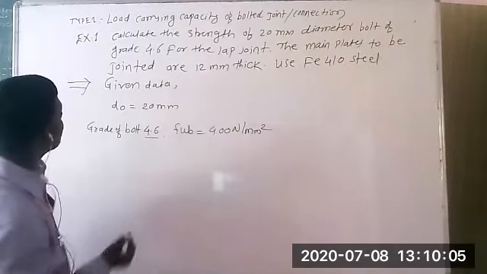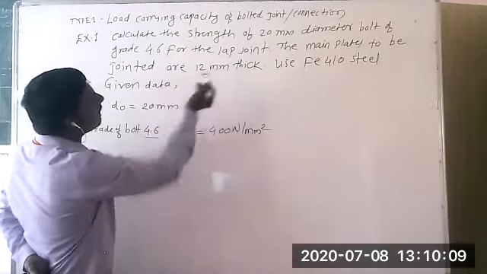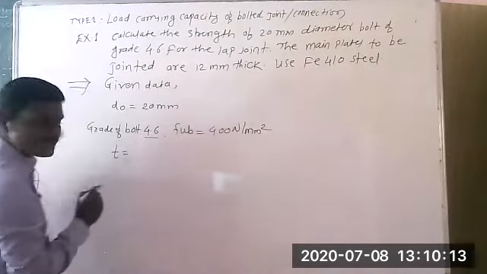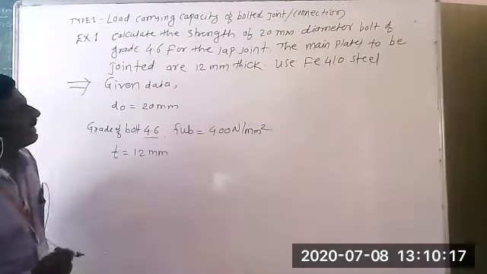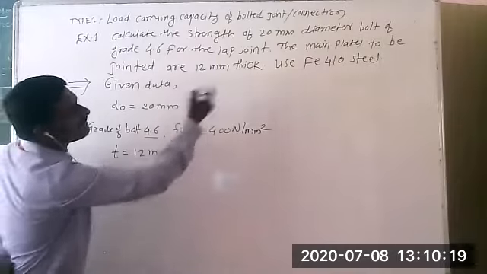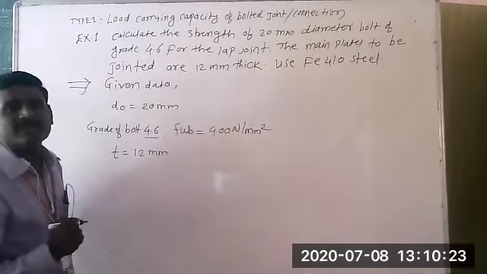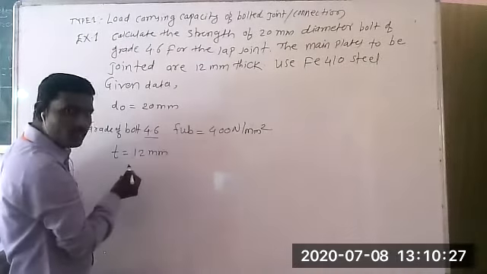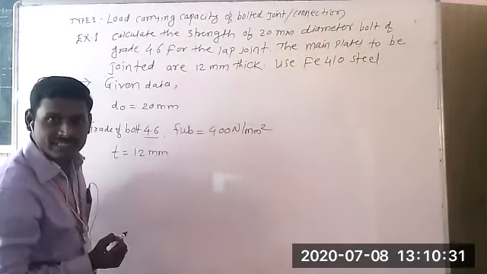Now, again, the main plates to be jointed are 12 thick. So the thickness of plate is also given, 12. Then use Fe410 steel. The grade of steel is given. 4.6 is the grade of bolt, and here Fe410 is the grade of steel.